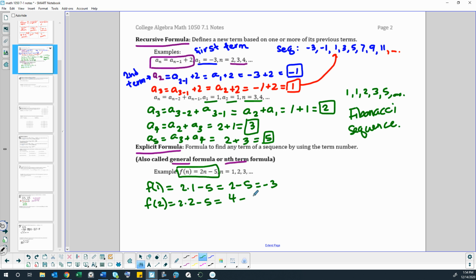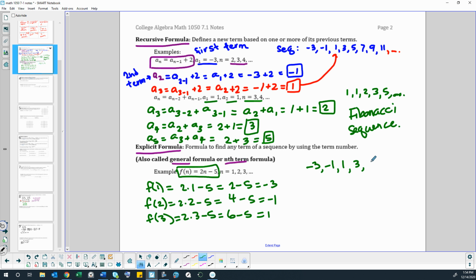So that would be 4 minus 5, which is negative 1. And then our third term would be found by going 2 times 3, subtract 5. So that's 6 minus 5, which is 1. I don't know if you recognize what's happening here, but we are getting an arithmetic sequence that's adding 2 each time. And it's just going to keep going up 2 each time.